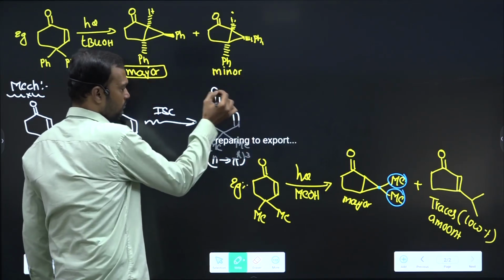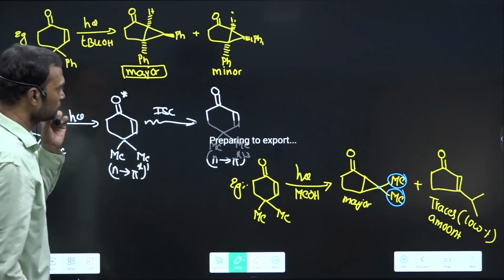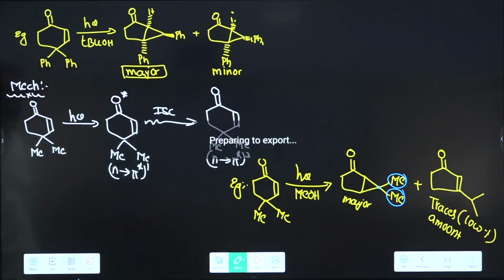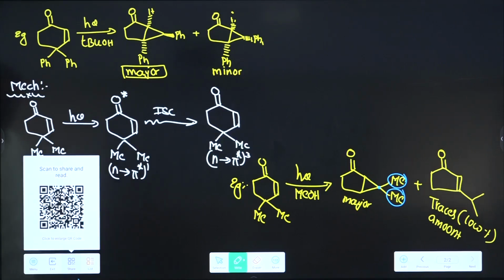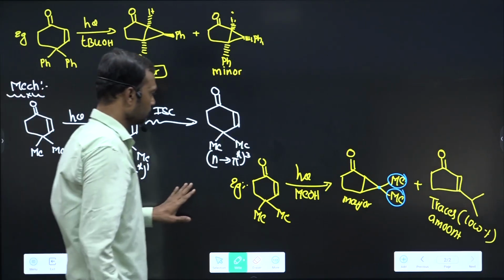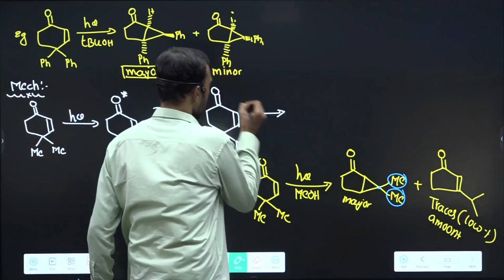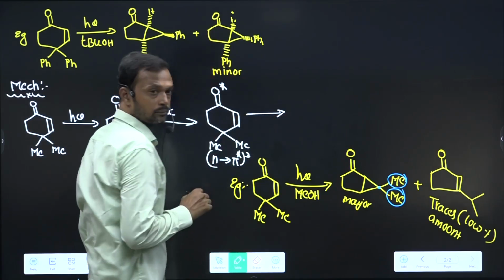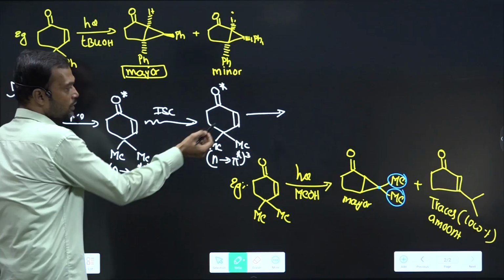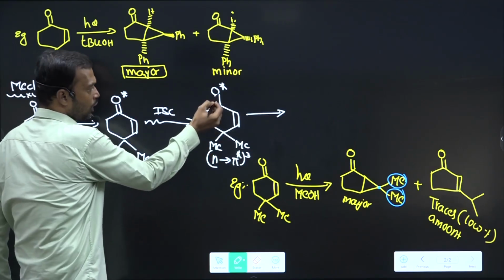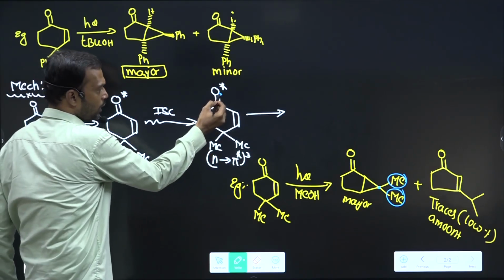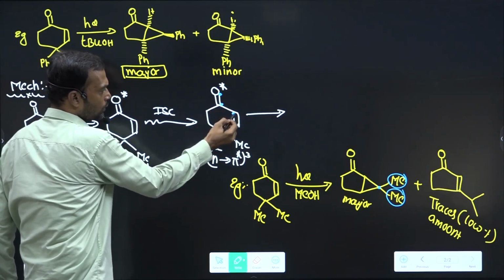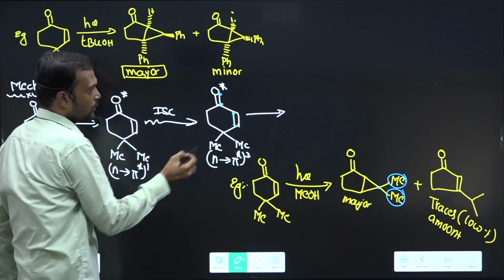Now it is a triplet state. So here what is the state of this one? Triplet or singlet? Which state is it? Triplet state. Now here how many electrons are present? 1, 2, 3, 4.